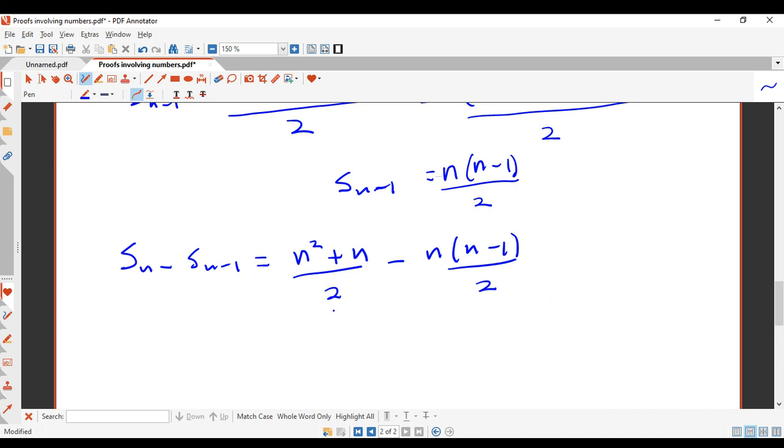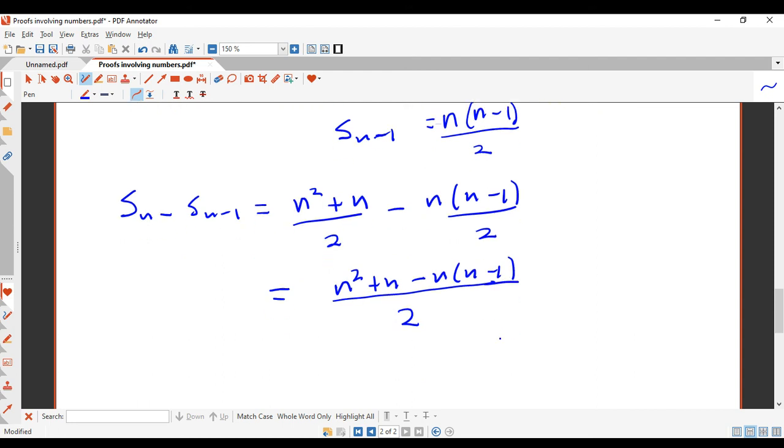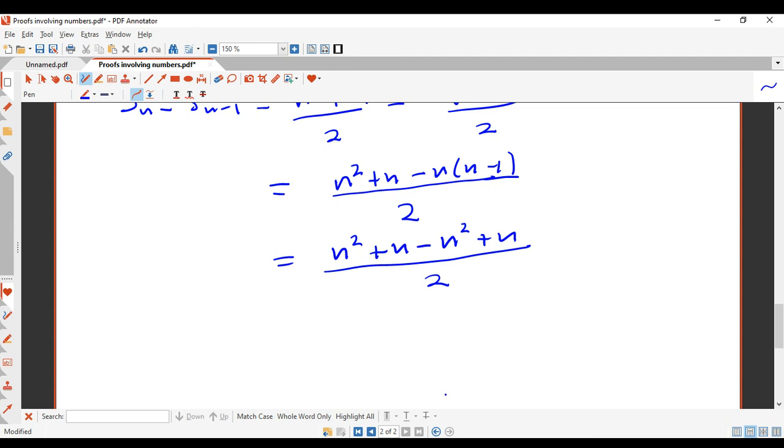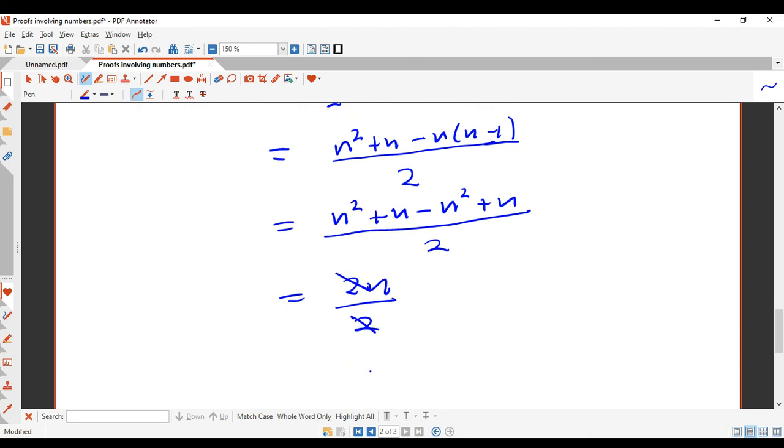We've got a common denominator, so I'll put everything all over 2: n squared plus n, minus n outside of n minus 1. Expanding these brackets, you get n squared plus n, minus n squared plus n, all divided by 2. That gives you 2n divided by 2. The 2's cancel, so that's equal to n.